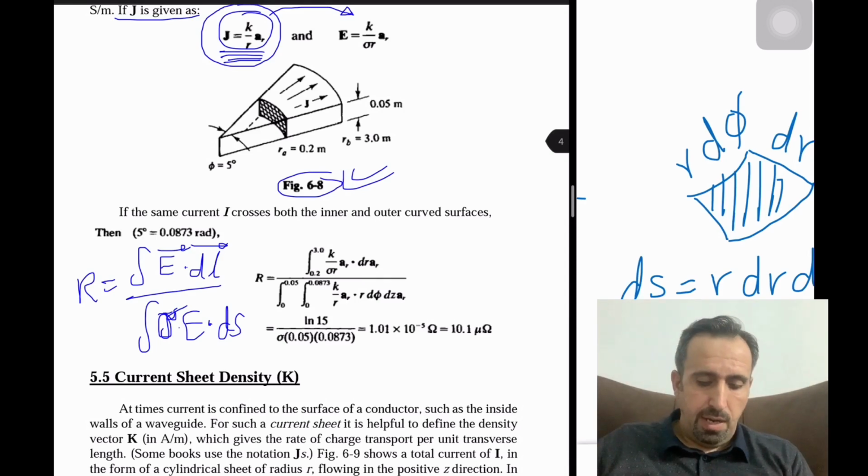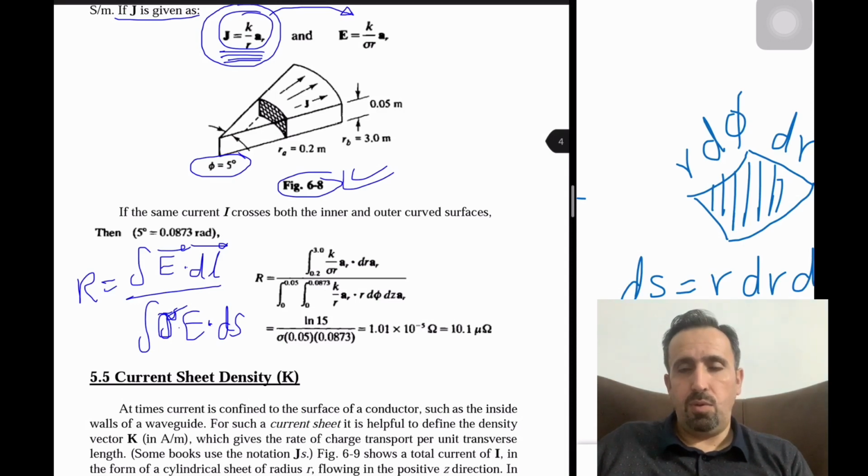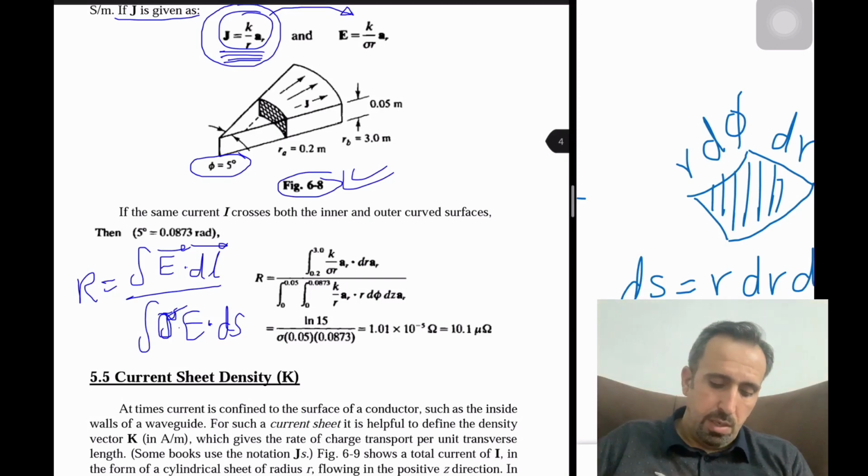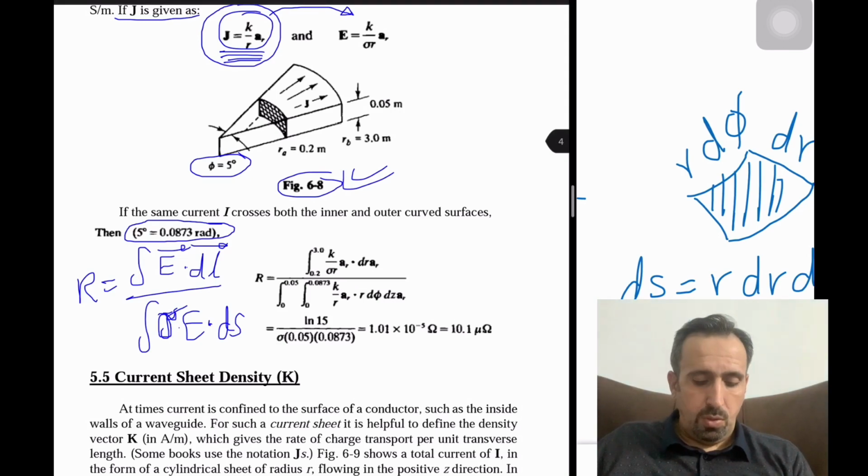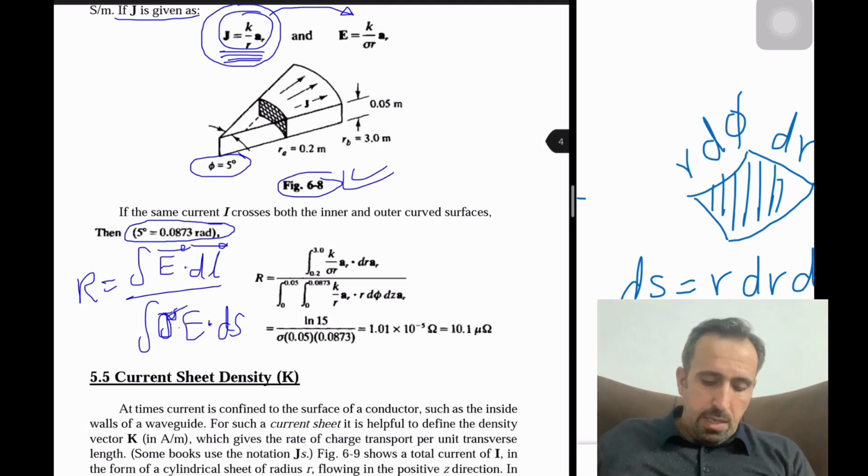For phi you have 5 degrees. So take care about 5 degrees. It will not be taken directly as a limit of integration. Take into account that 5 degrees in radians is 0.0873.